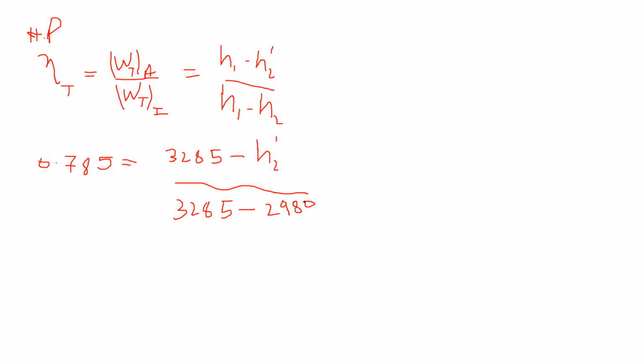If you calculate this, H2 dash is equal to 3045.6 kilojoules per kg.